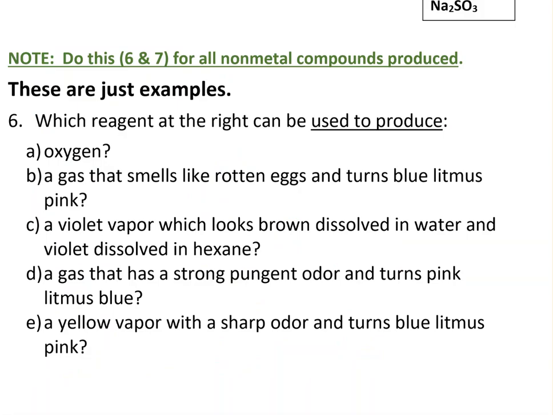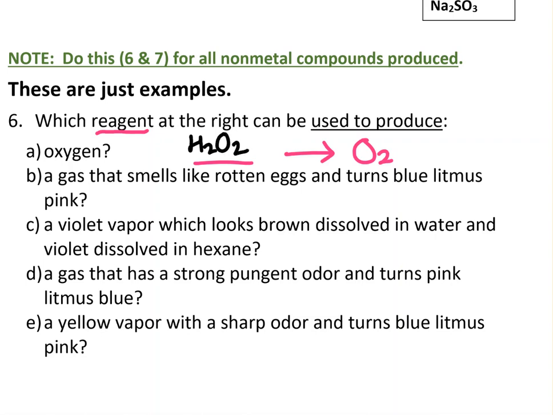Let's go through these answers. So pay attention to what it's asking for, because it's not always asking for the nonmetal product. Sometimes it's asking for the reagent. So on the first one, it's easy because it's giving you the product and it's asking you what do you use to make it. And this one is our hydrogen peroxide.